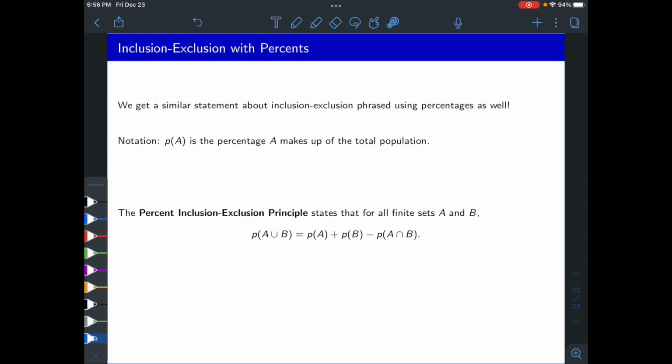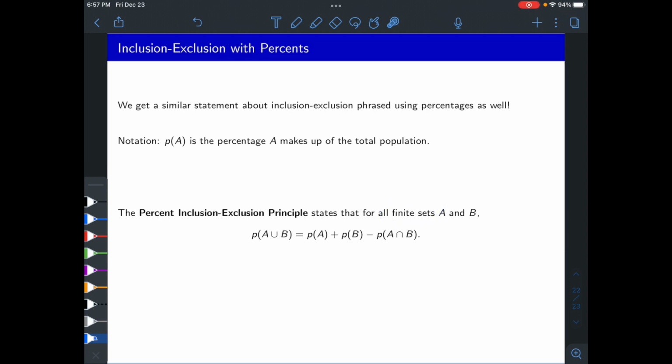And using this, we get the percent inclusion exclusion principle, which states that for all finite sets A and B, P of A union B is equal to P of A plus P of B minus P of A intersect B. So instead of saying the number of things in A union B, it's the percentage of what A makes up of the total population plus the percentage that B makes up of the total population minus the percentage of what's in A and B.